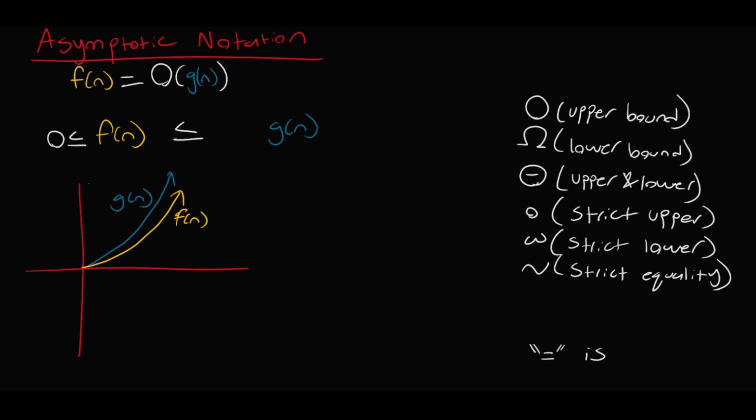To represent this wiggle room, this uncertainty, that g of n generally upper bounds f of n, we use a constant factor. So we're going to say C is defined as a constant factor, that f of n is less than or equal to g of n within a constant factor. There's some wiggle room, so g upper bounds f of n, but within some type of wiggle room.